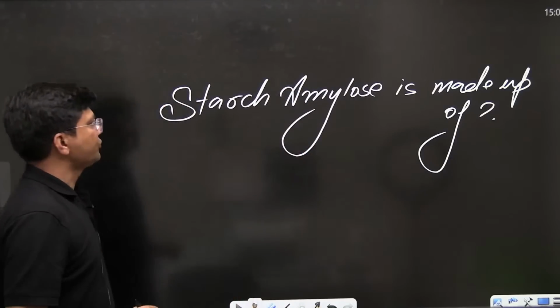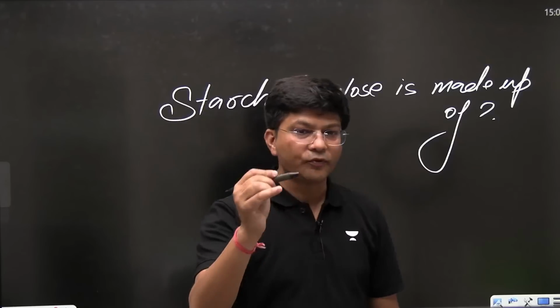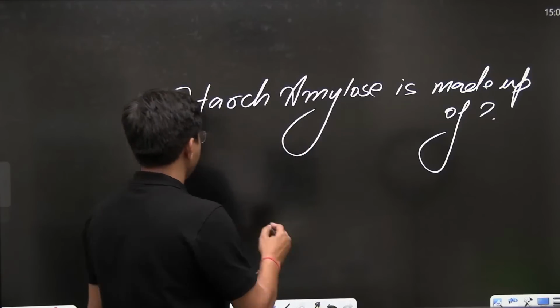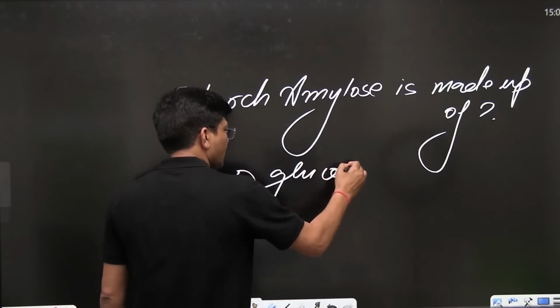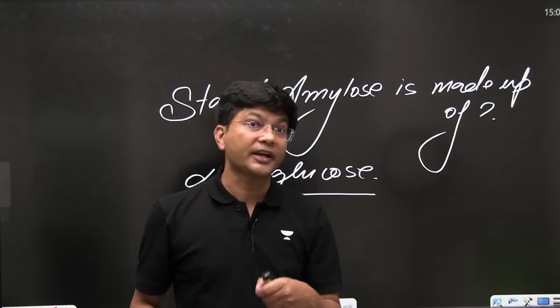Starch amylose is made up of alpha D glucose. Second question: is it a disaccharide, monosaccharide or polysaccharide?